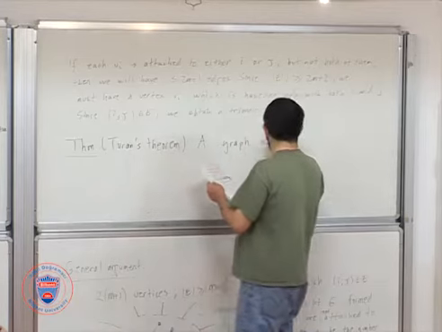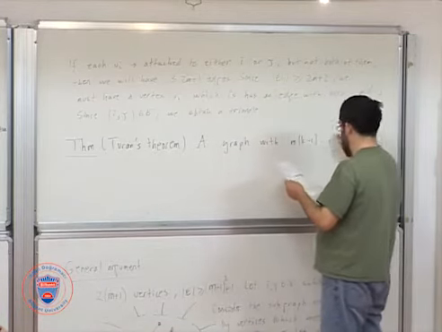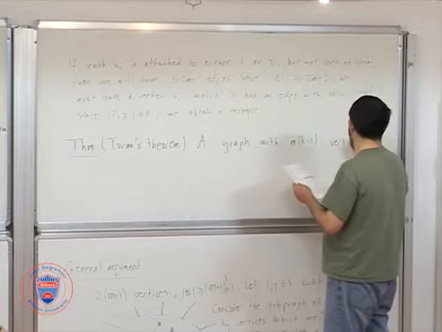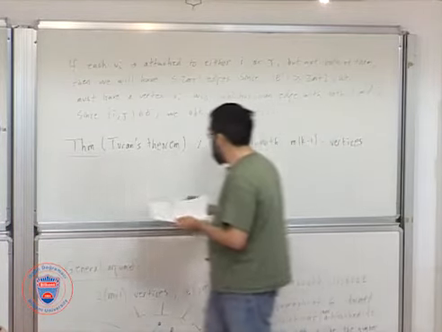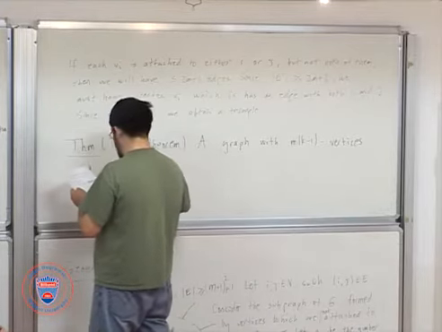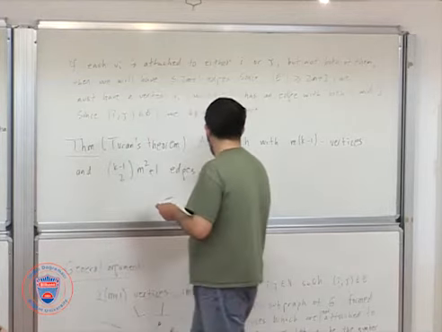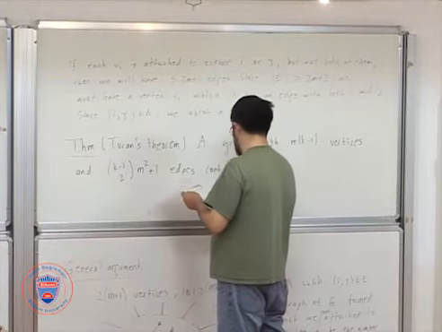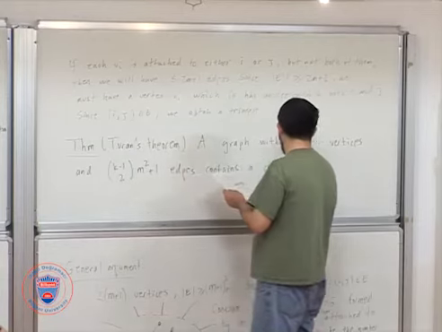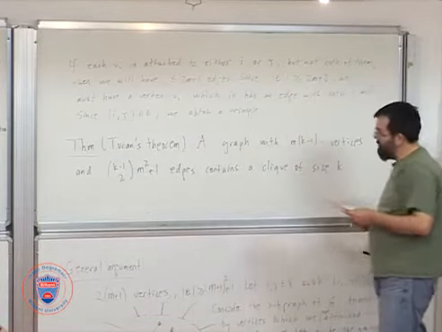A graph with m times k minus 1 vertices, and k minus 1 choose 2 m squared plus 1 edges contains a clique of size k.